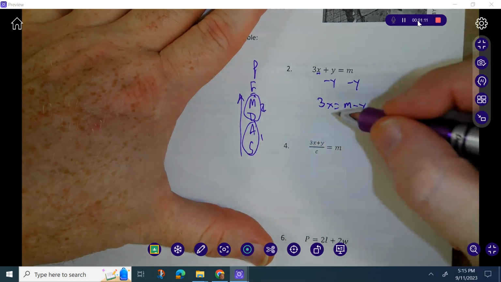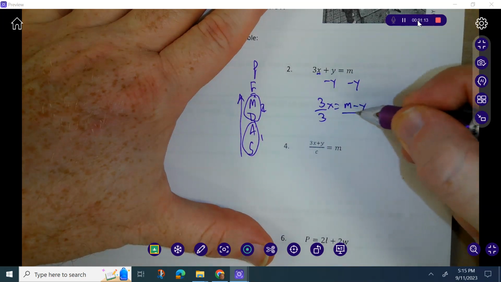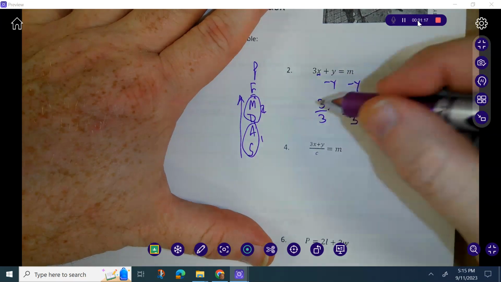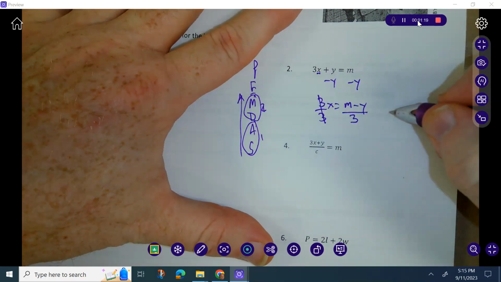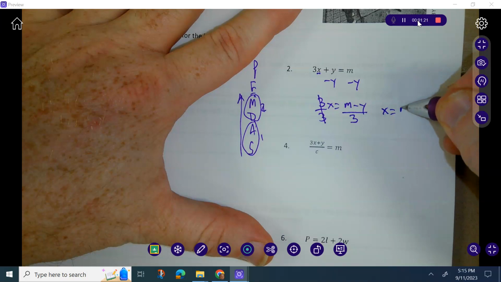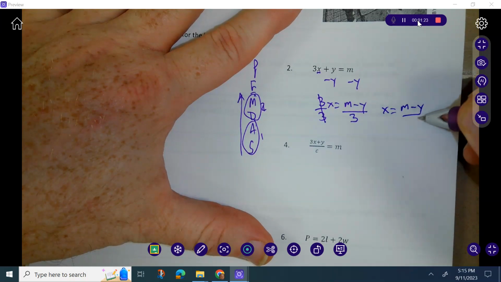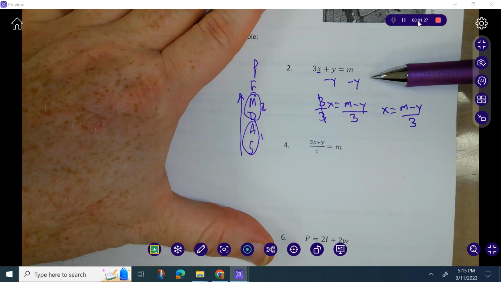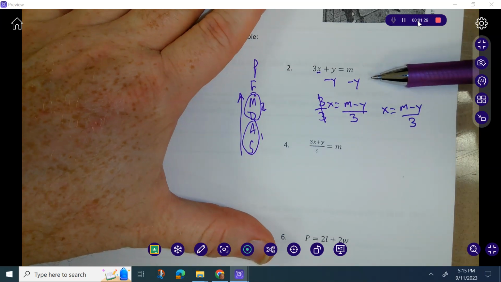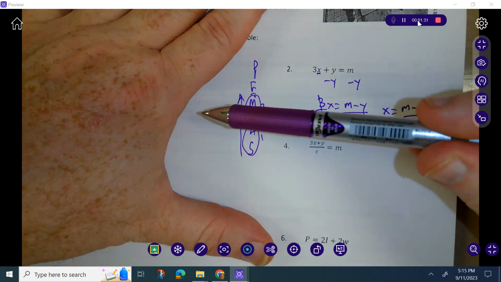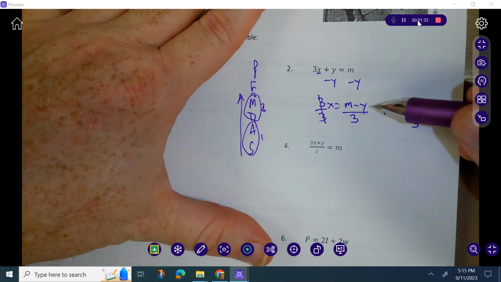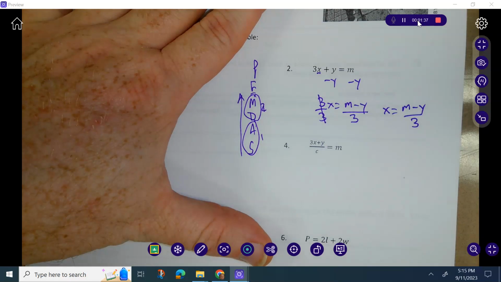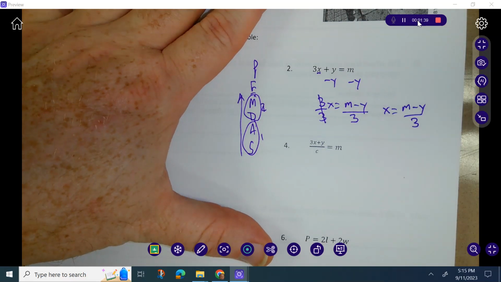The only difference is I'm going to divide the entire side by 3. So my final answer is x equals m minus y over 3. The only difference between this problem and what you would have probably seen on the other side of the paper is I don't actually know what m minus y happens to be.